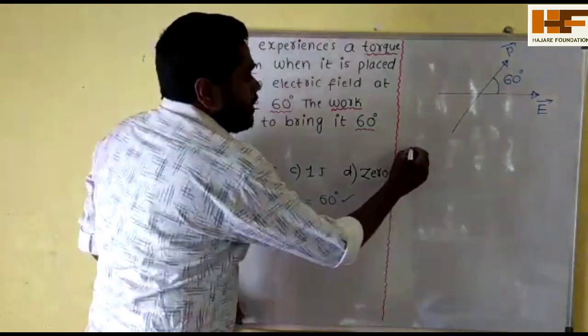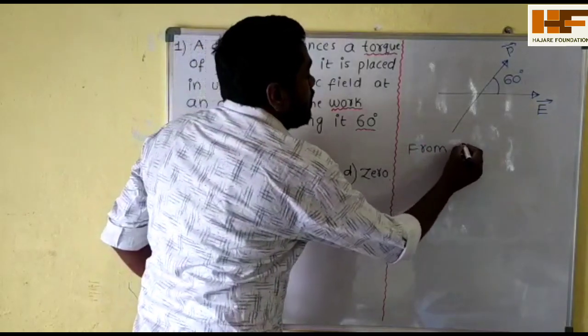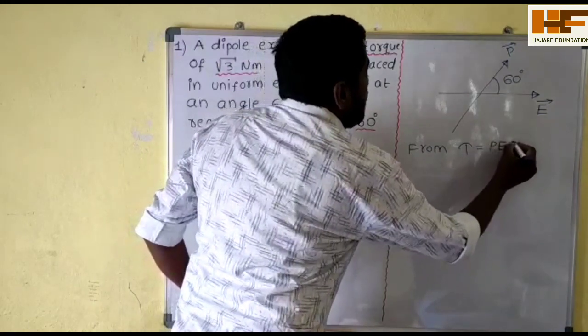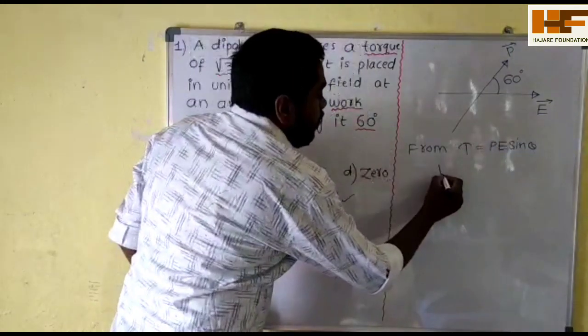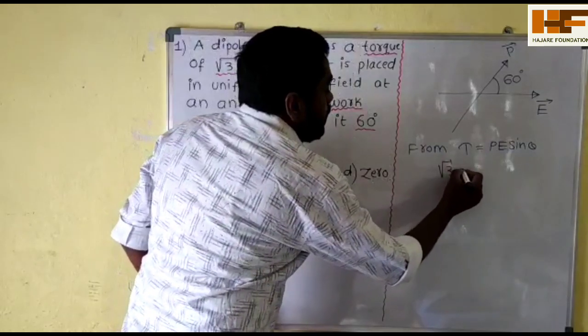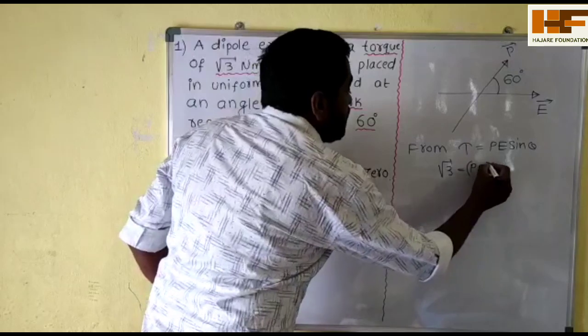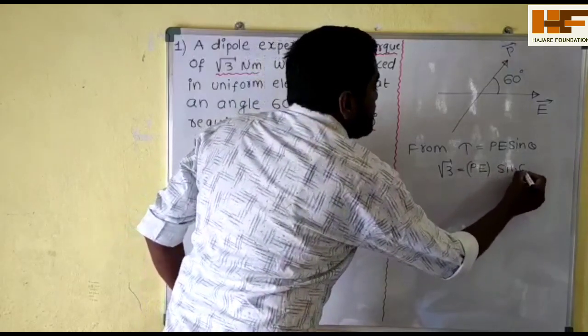Next, from the torque formula, torque tau is equal to P E sin theta. The torque value given is √3, so √3 is equal to P E sin 60 degrees.